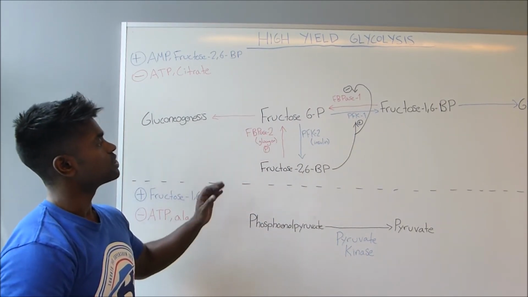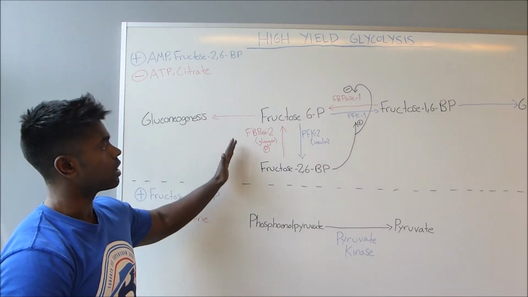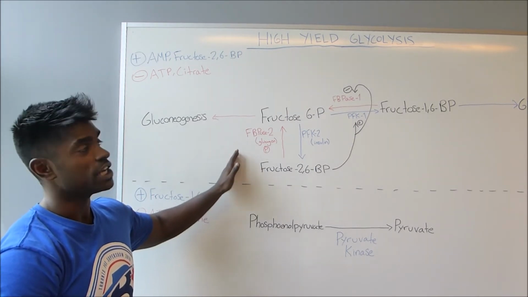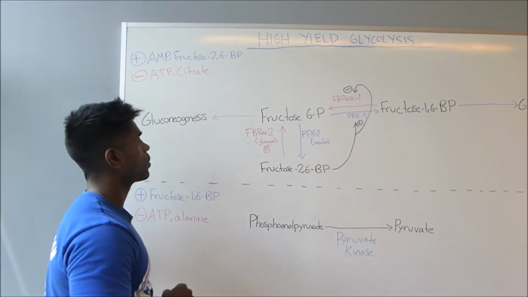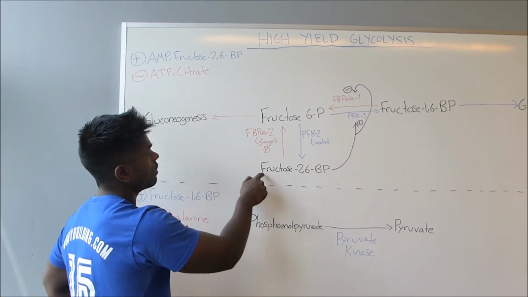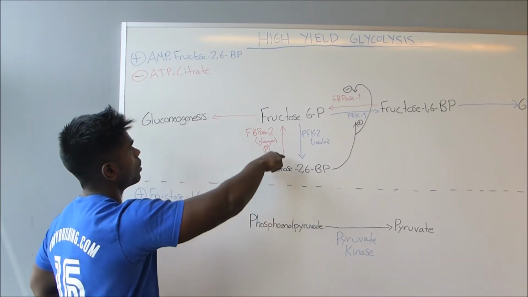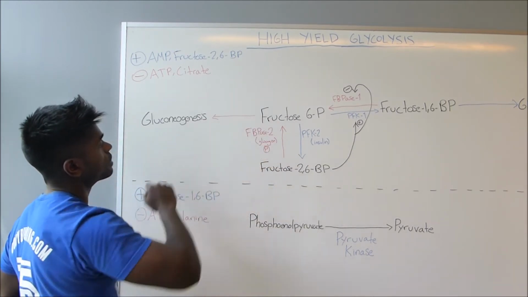So there's going to be an increase in glucagon, an increase in phosphorylation due to the increase in protein kinase A activity, and therefore less production of this molecule right here, causing the pathway to be shunted towards the production of glucose.